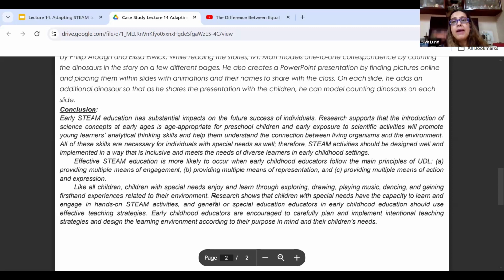Therefore, STEAM activities should be designed well and implemented in a way that is inclusive and meets the needs of diverse learners in early childhood settings.